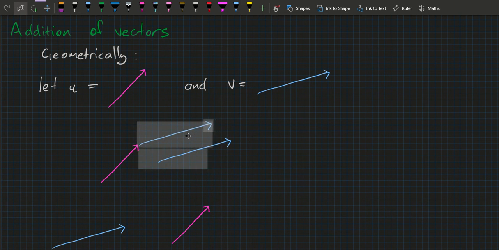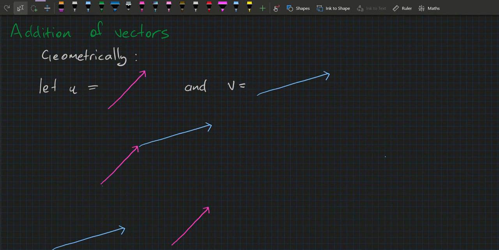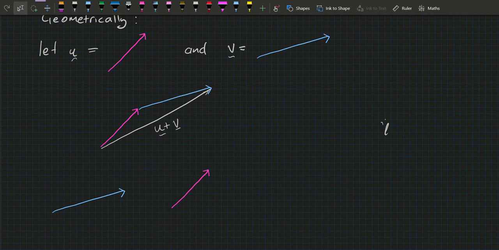Okay, and so now this new vector here is u plus v. Okay, and similarly, if I was to draw v plus u, then it would be this one.